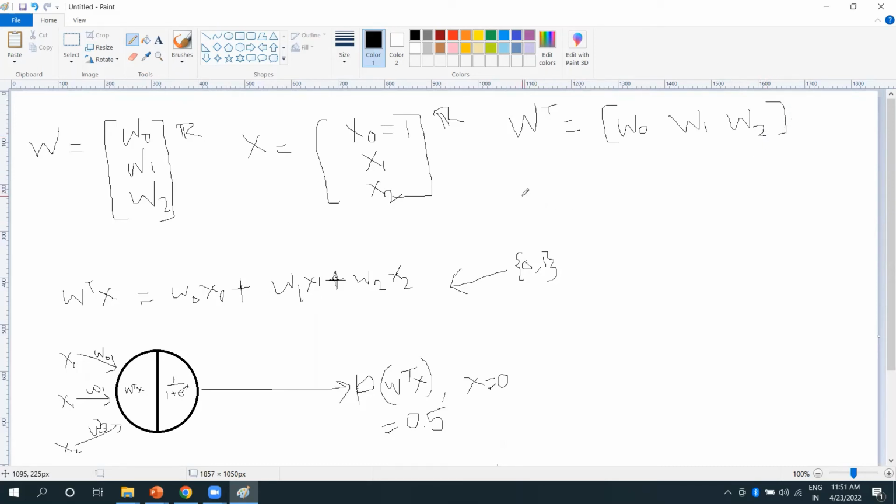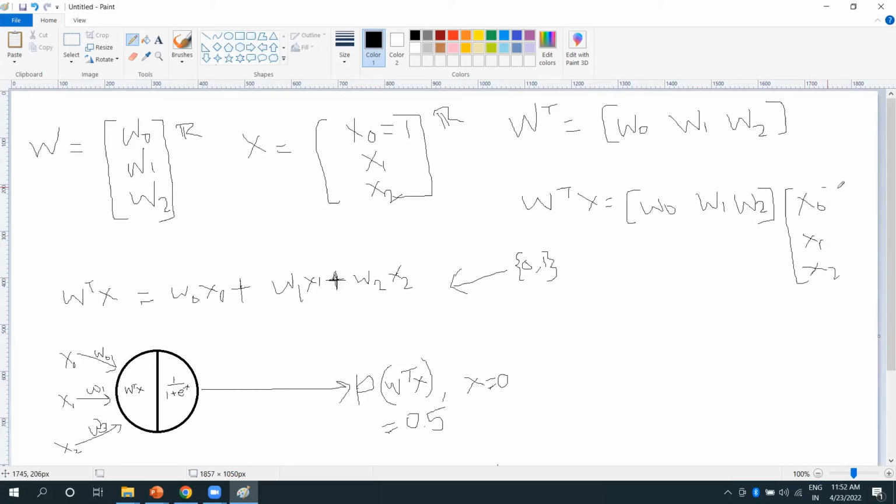Now W transpose times X is W0, W1, W2. If you remember from vector multiplication, the number of columns of the first vector should be equal to the number of rows in the second vector.